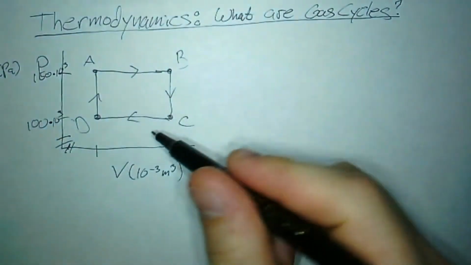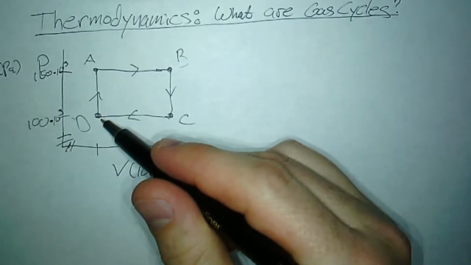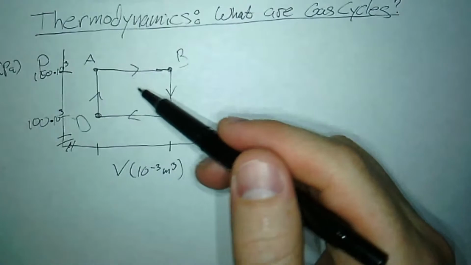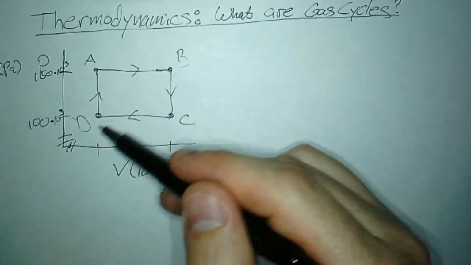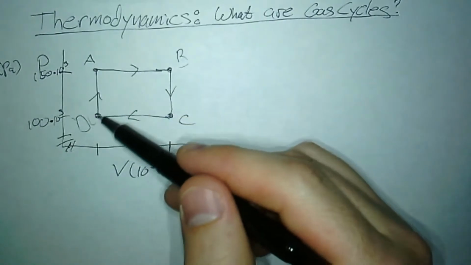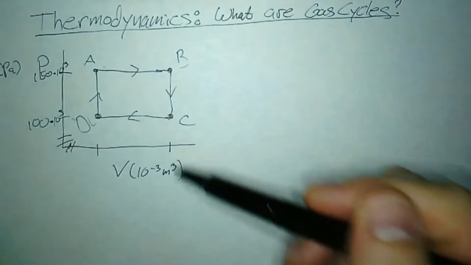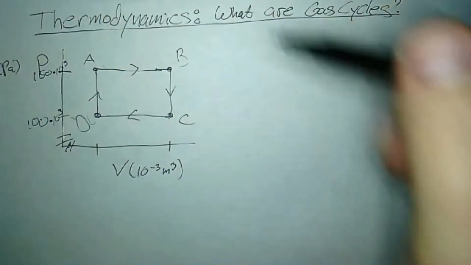And on this one, work is being done on the gas, so we have a positive W in this case, because there's area under this curve. Now there's no work being done in this section or that section because I can't find the area below a vertical line. I guess let me take a minute. I meant to do this at the start more so.